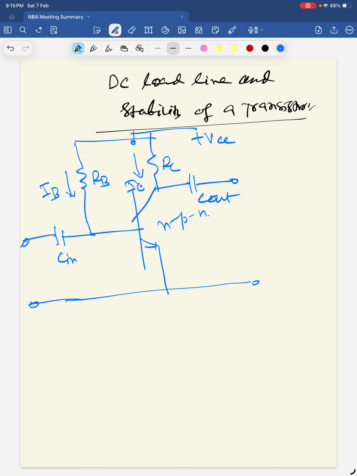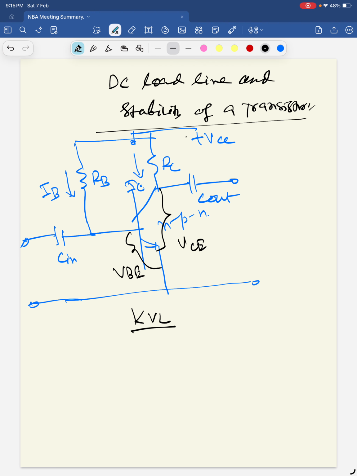Now this voltage is base to emitter voltage VBE. This voltage is VCE, collector to emitter. Now we will use KVL in the output side, output terminal.